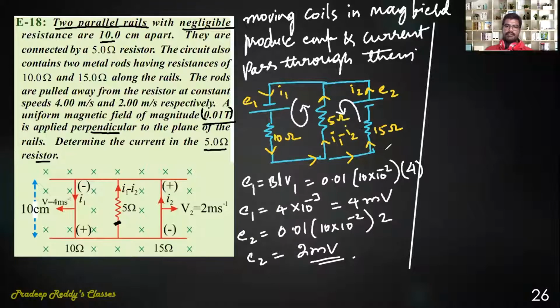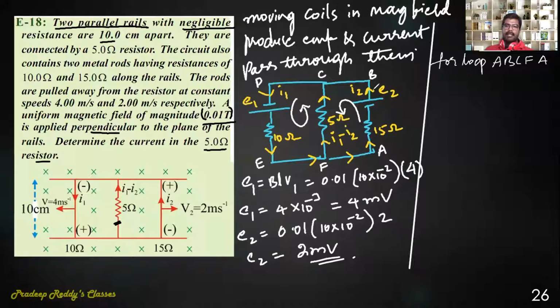Let me name the points A, B, C, D, E, and F. Now take this loop, loop A, B, C, F, A.